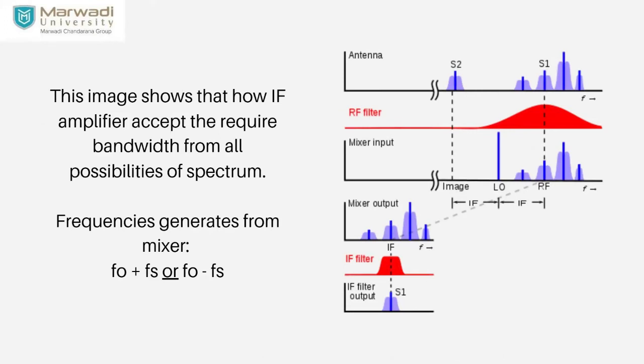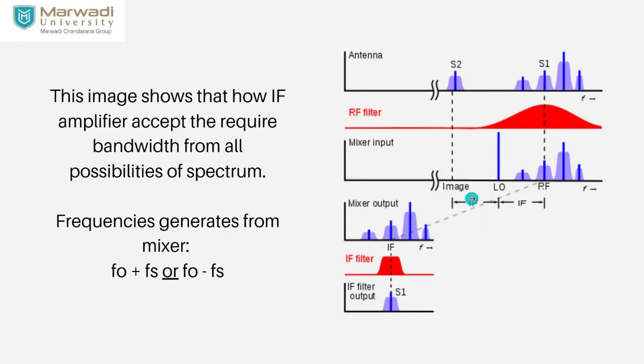and yes, this is how frequency bandwidth is dealt with. S1 and S2 are the frequencies which are coming from the antenna. This red value is the bandwidth of the RF amplifier. This LO means the frequency of the local oscillator.